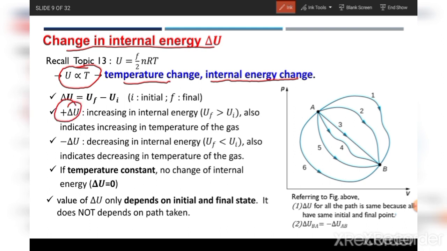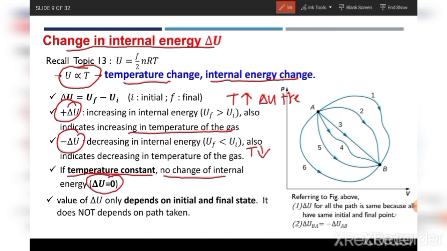Delta U will become positive, which indicates an increase in temperature. Delta U will become negative when temperature is decreased. Another thing you must know is that when the temperature is constant, there is no change in internal energy, so delta U will be 0.